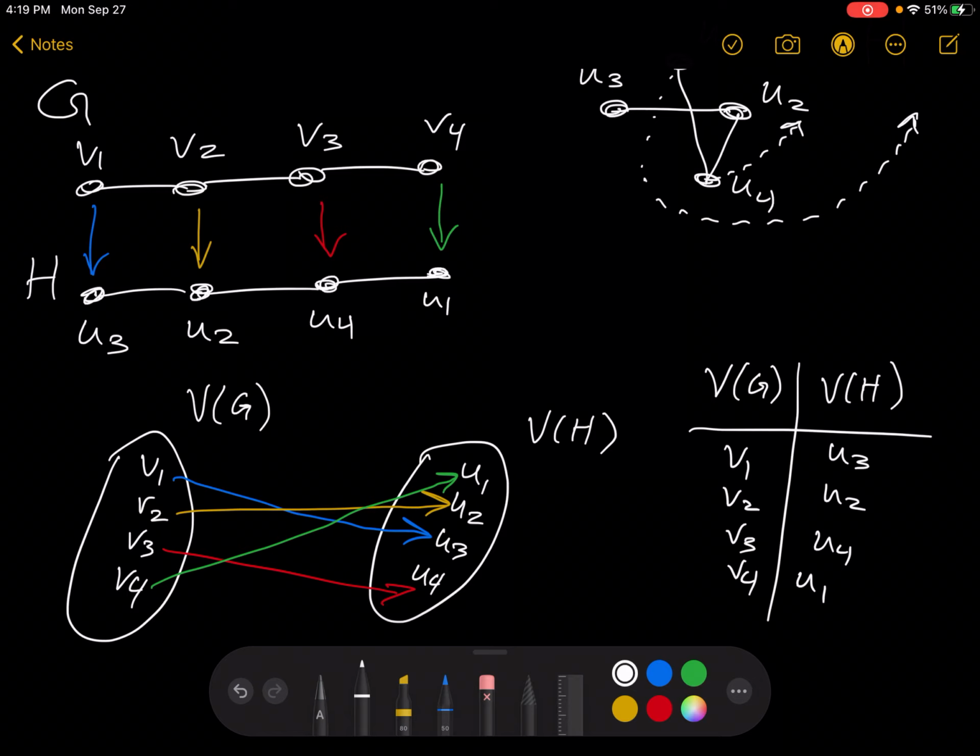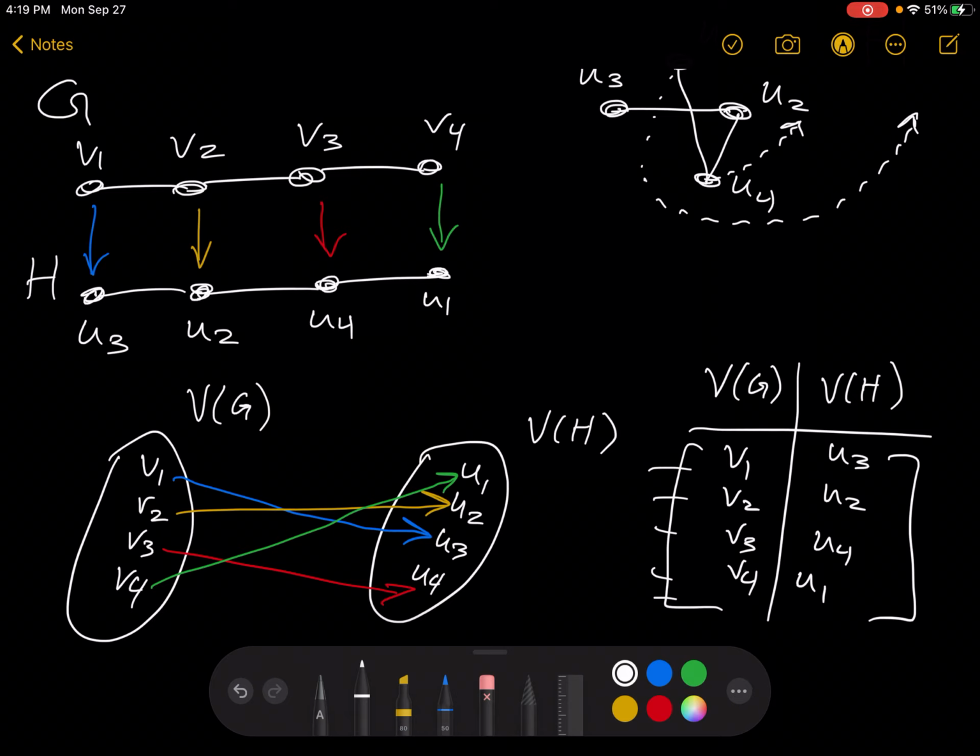We've done that because we have V1, V2, V3, and V4 listed there. Now these are all different, so that means it's a function. It's one-to-one. And there are no repeats or missing vertices in any of these spots, so we know that it's onto. So our function is one-to-one and onto.